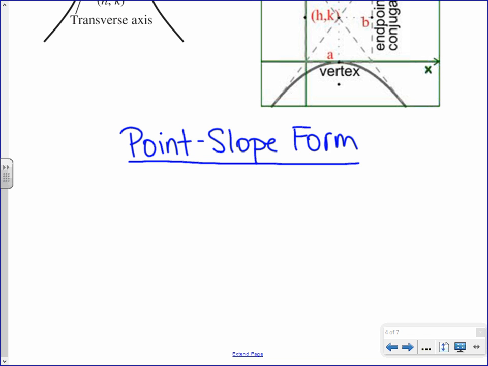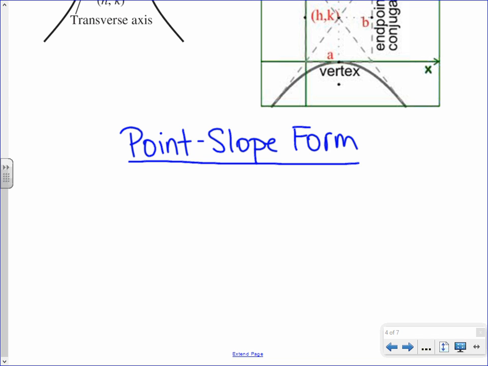That is too much work for us anymore. You are at the end of your pre-calculus time, and a lot of you are about to move into calculus. The lines that we write in calculus, we leave in point slope form. We don't even solve for y. So we're going to start practicing that starting today.